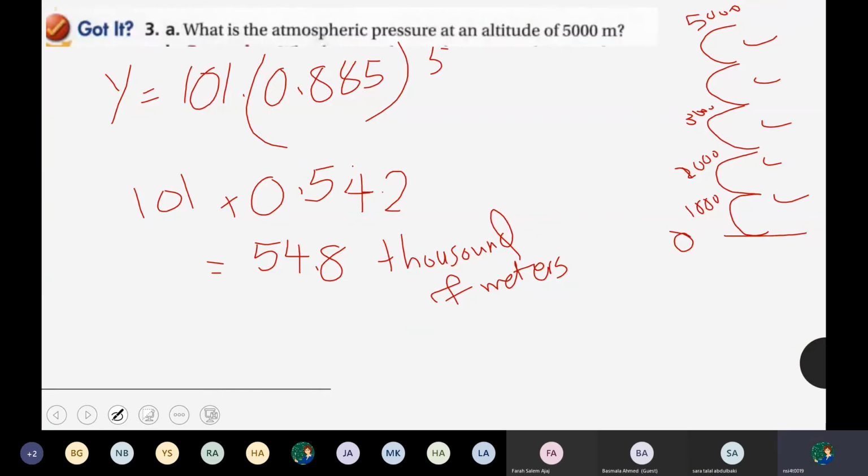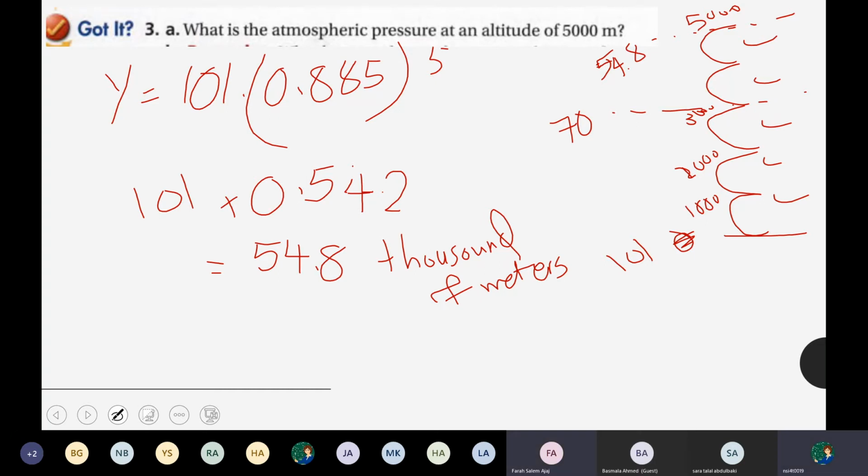If you reach 5,000 meters, it will decrease more and more, so it will be 54.8. That's why we name it a decay factor. Is it clear?